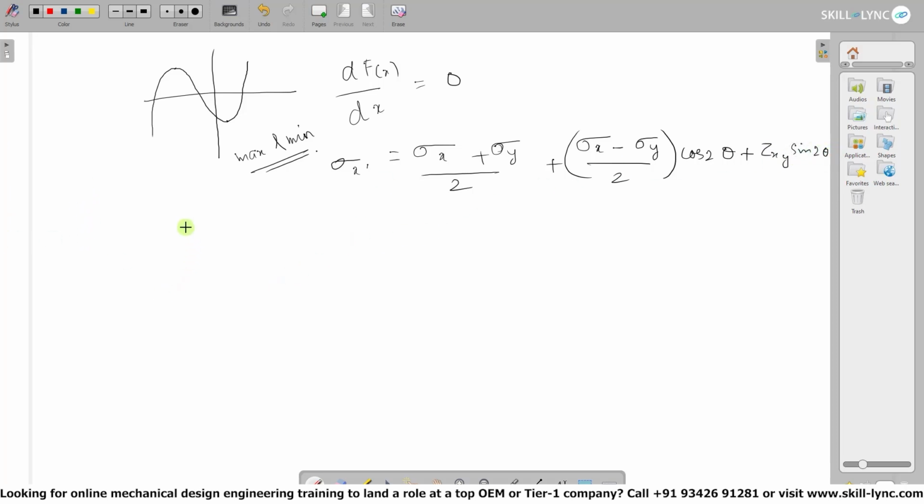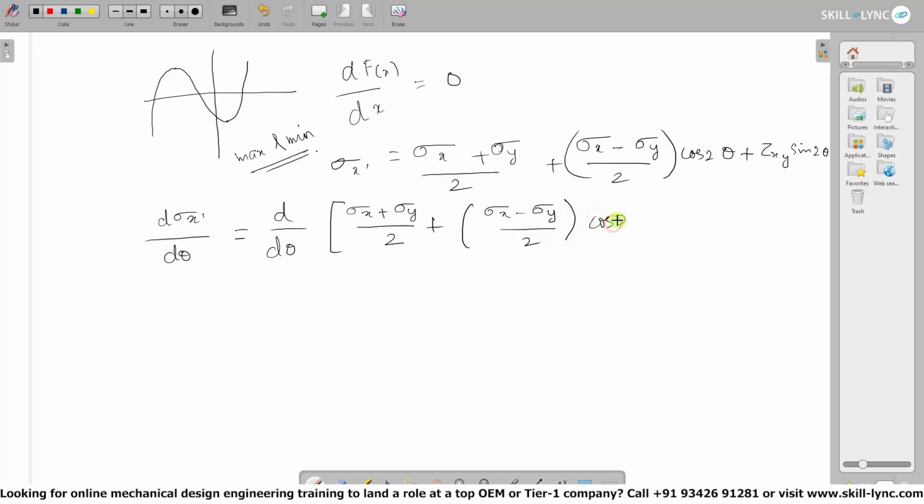Now to get our maximum and minimum values, we'll differentiate both the left hand side and the right hand side with d theta. So d sigma x dash divided by d theta is equal to d by d theta of sigma x plus sigma y by 2 plus sigma x minus sigma y by 2 into cos 2 theta plus tau xy sin 2 theta.